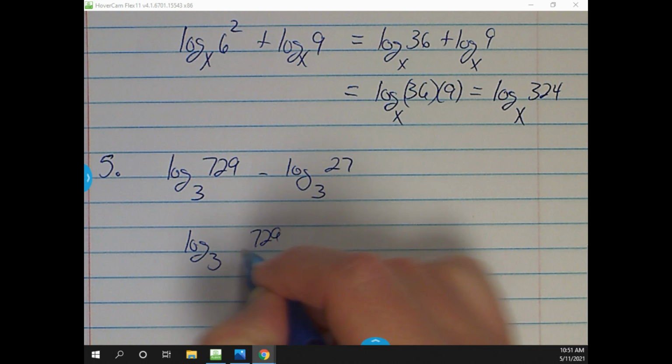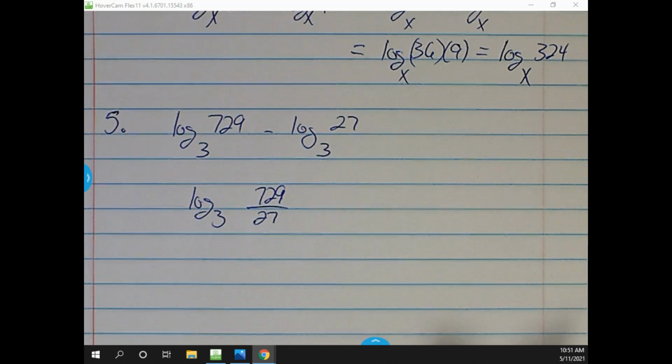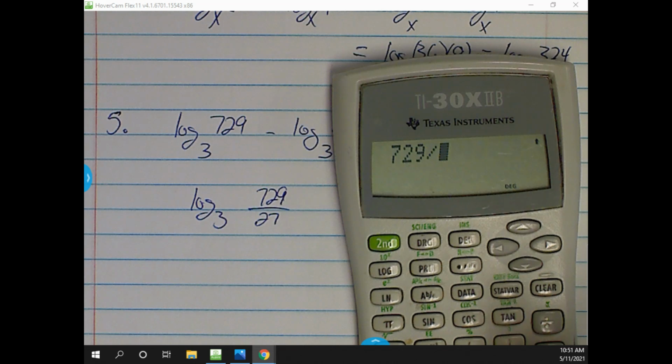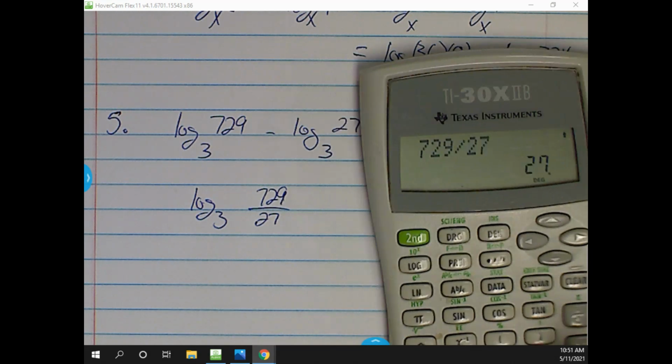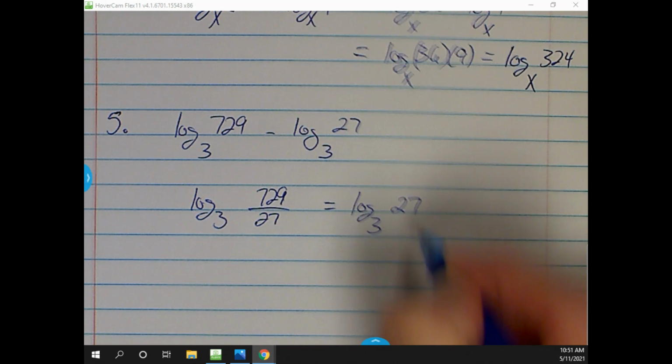So that's 729 divided by 27. And if you don't know what 729 divided by 27 is, don't feel bad because I don't either. 729 divided by 27, that is 27. So that's the log of 27 base 3.